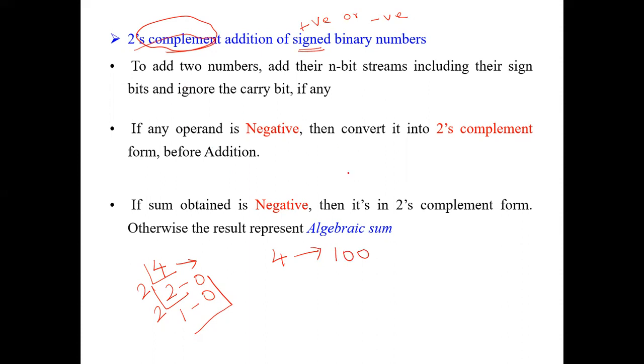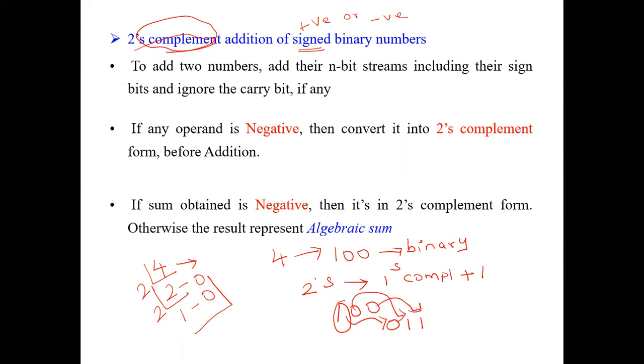Now, 2's complement. This is the binary form. How will you perform 2's complement? First, we have to convert it into a 1's complement along with plus 1. So what is 1's complement? If a number is 1, 0, 0, the 1's complement is 0, 1, 1. The meaning is 1 is converted into 0 and 0 is converted into 1.